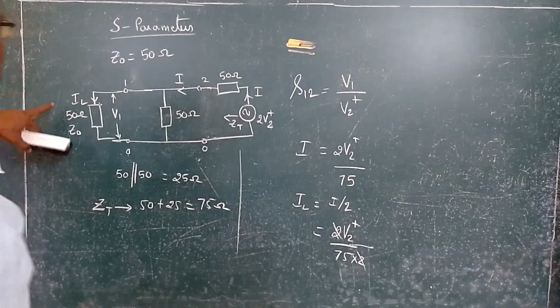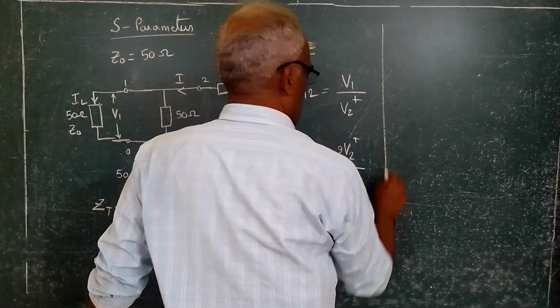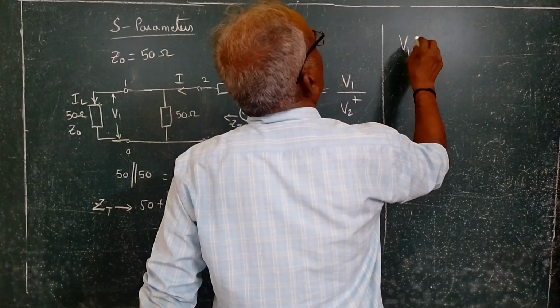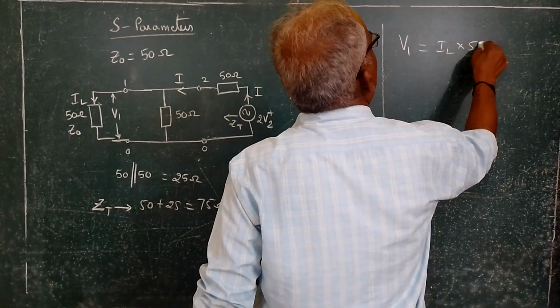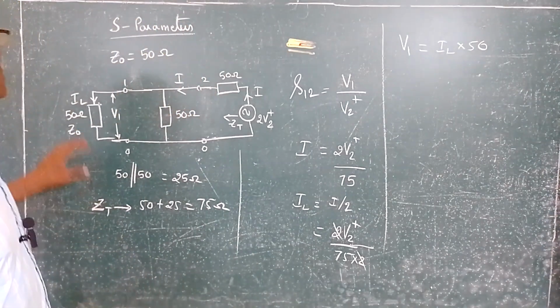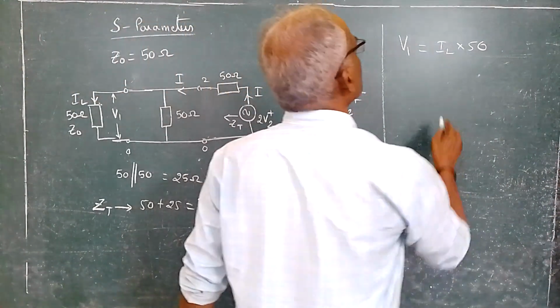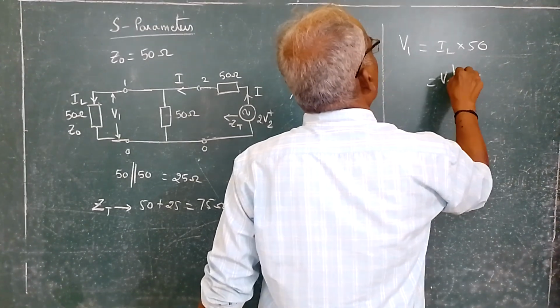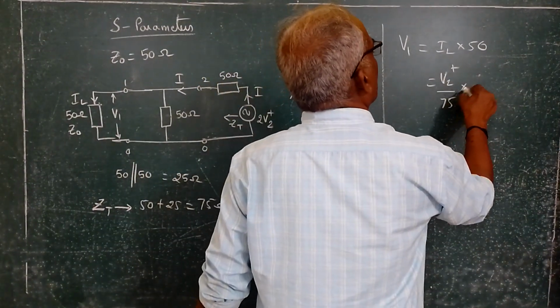Now I know IL. Now what is V1? V1 is nothing but the output voltage. So V1 is equal to IL multiplied by 50. 50 ohms is the load resistance. Now IL we know, which is V2 plus by 75 multiplied by 50.